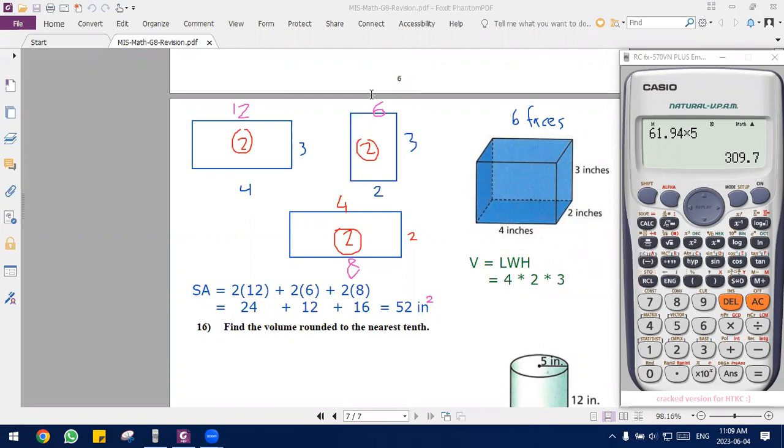Let me show it to you on the graph. Length times width times height. You just multiply the 3 dimensions. So 3 by 2, 6. 6 by 4 is 24. 24, and then the unit, inches cubed, not squared.